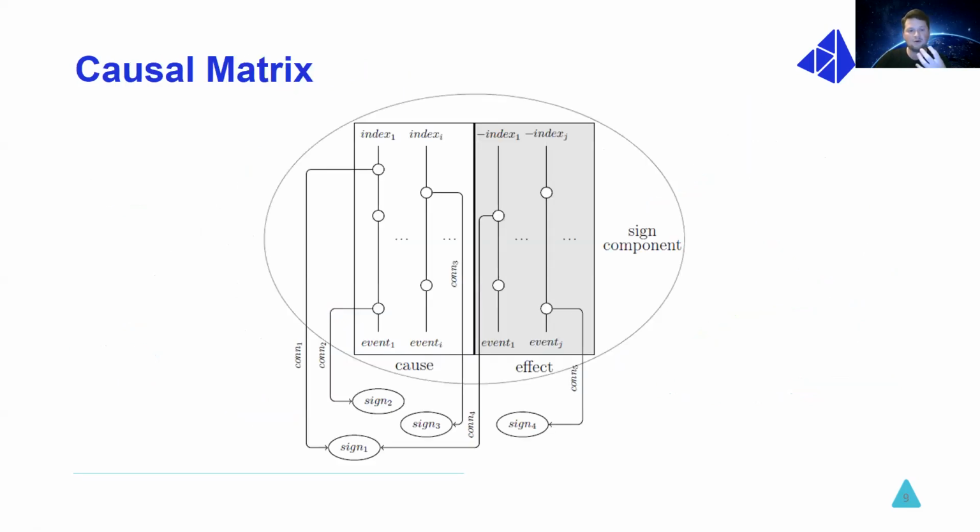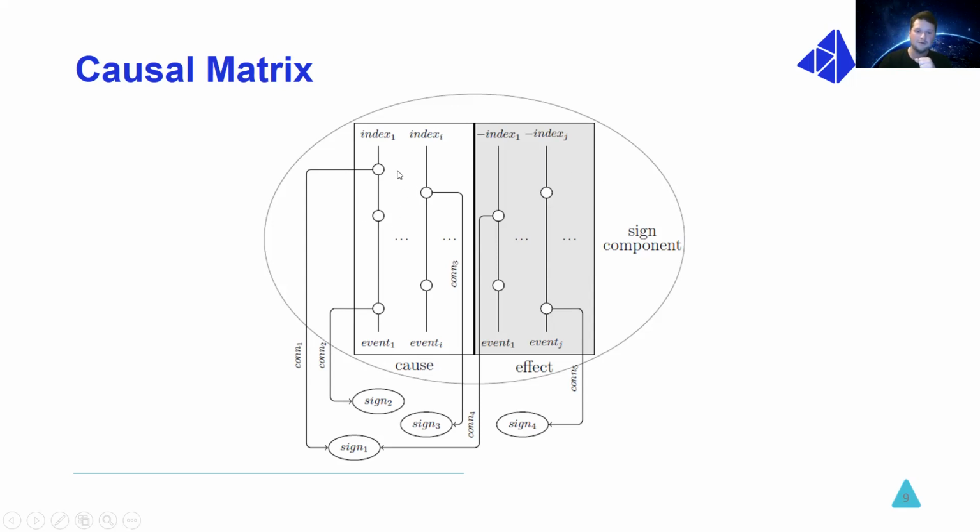But how are we going to represent these components? In the case of images, we represent each component as a collection of causal matrices. And a causal matrix is simply a matrix, and in its simplest form, it will be a binary matrix, where each column corresponds to an event in time, and each row corresponds to a feature.